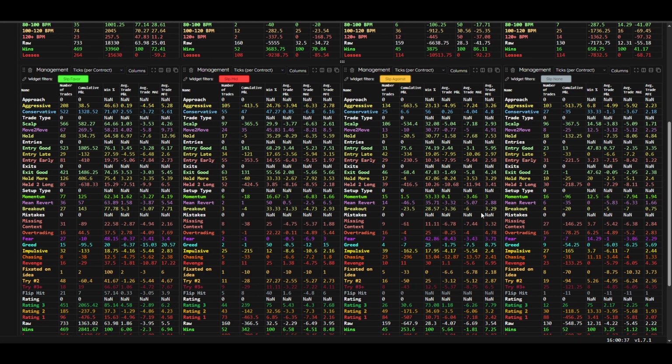And then the last one, breakout. This one's got the smallest sample size. It's only got 4. Pull up your 0.75. Oh, yeah, that is the worst one.